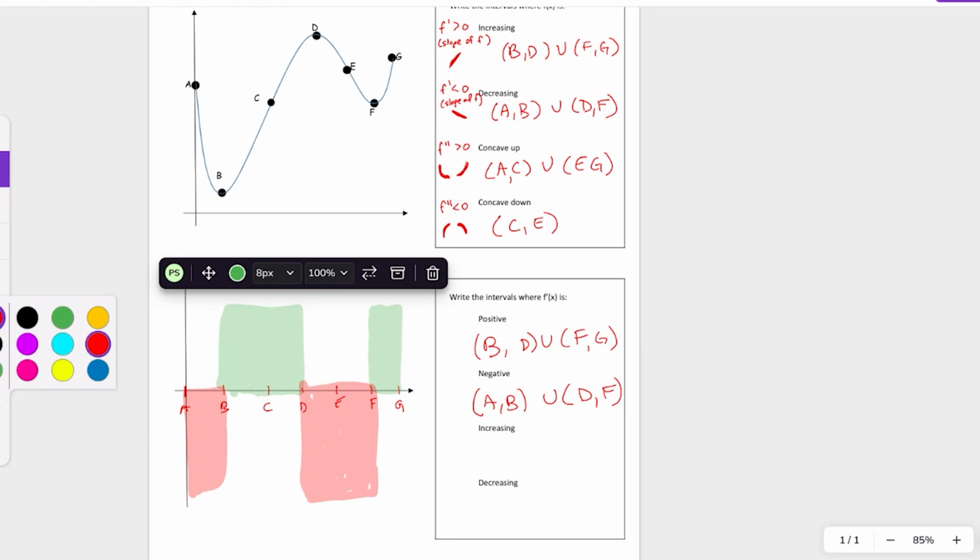Okay, I want to know, where is F prime increasing? In other words, where is the slope of F increasing? How is that related to F? Well, what's got to be true about F prime if it's increasing?